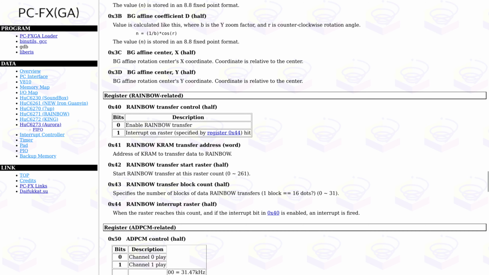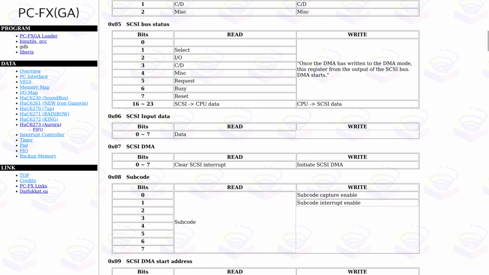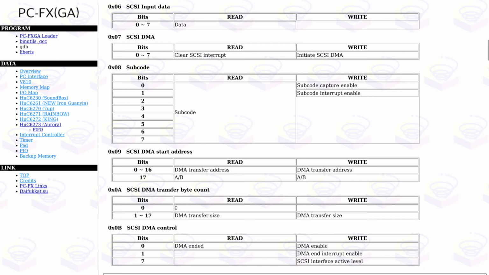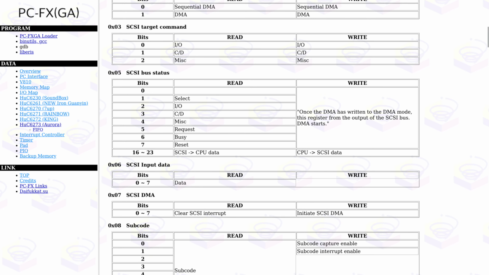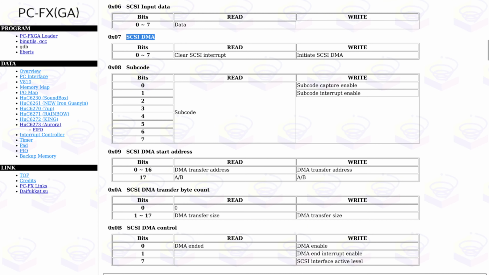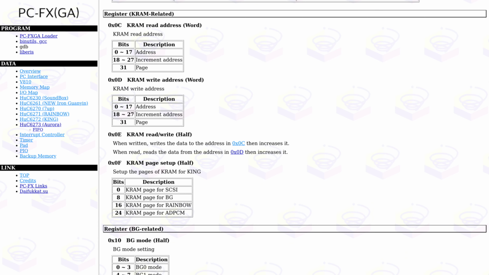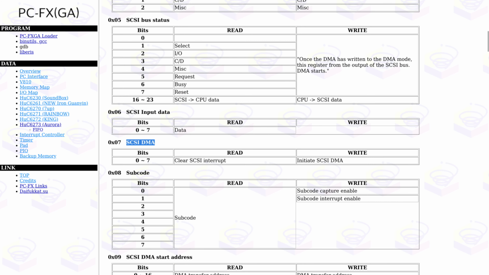That's not over though, because for Rainbow, you're actually supposed to use SCSI DMA. There's already code for that, by the way. So the way this works is you have your Rainbow graphics stored on the CD itself as raw blocks. Then you use SCSI DMA to put it directly into KRAM.